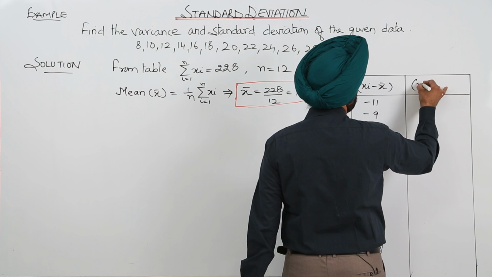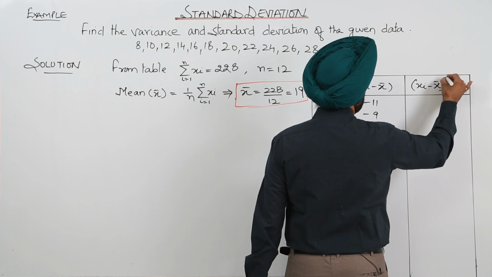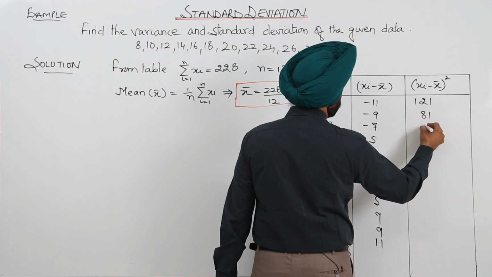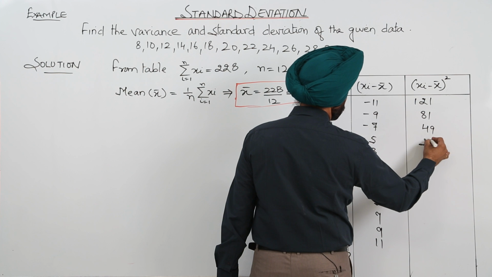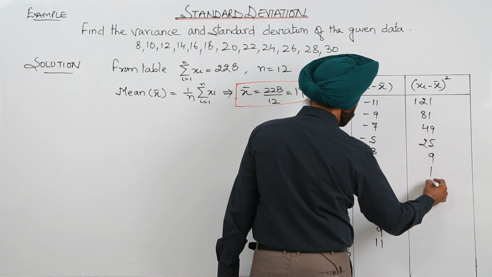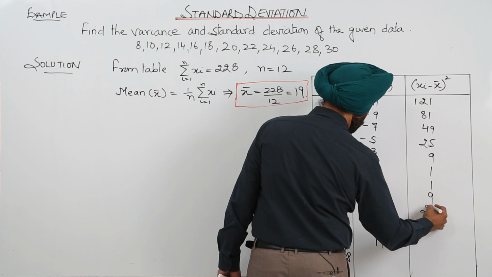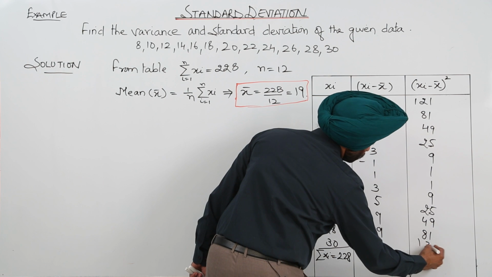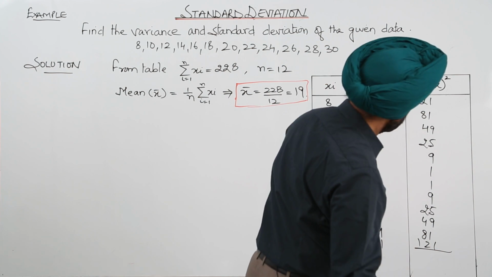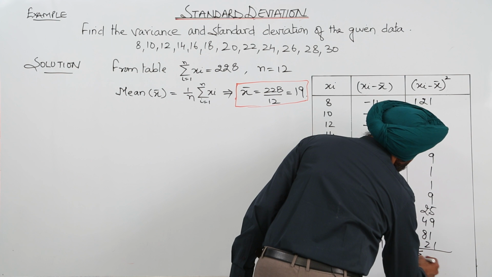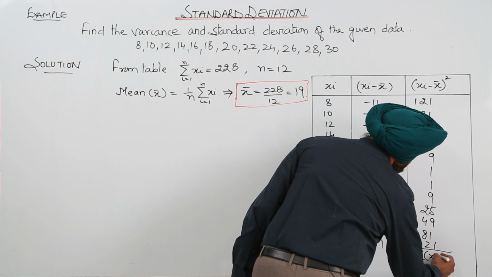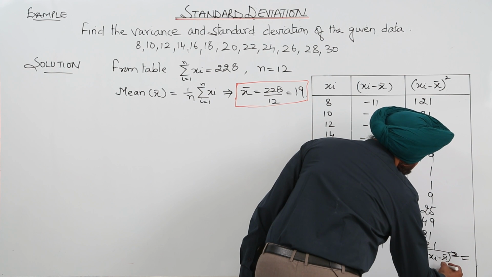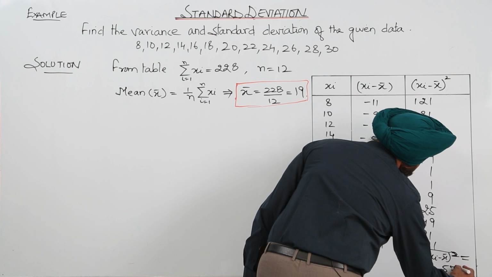Now, whole square. So, it is 121, 81, 49, 25, 9, 1, 1, 9, 25, 49, 81, 121. Okay. Now, the summation we are getting as xi minus x mean whole square is equal to, now this becomes 572.